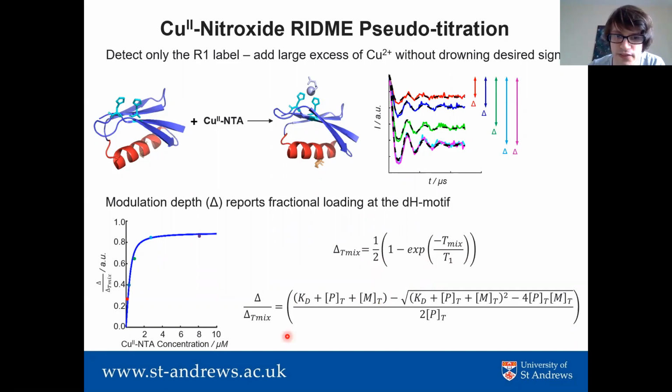To do that, we don't take the raw modulation depth, but the quotient of the observed modulation depth and the asymptotic limit of the modulation depth for a given ratio of mixing time and T1. Okay, I see. And then you essentially remove the effect of decreasing your T1 artificially with concentration.